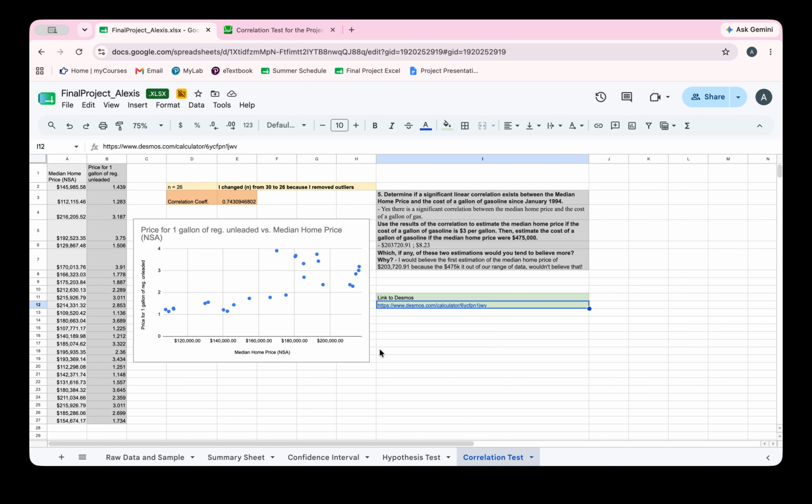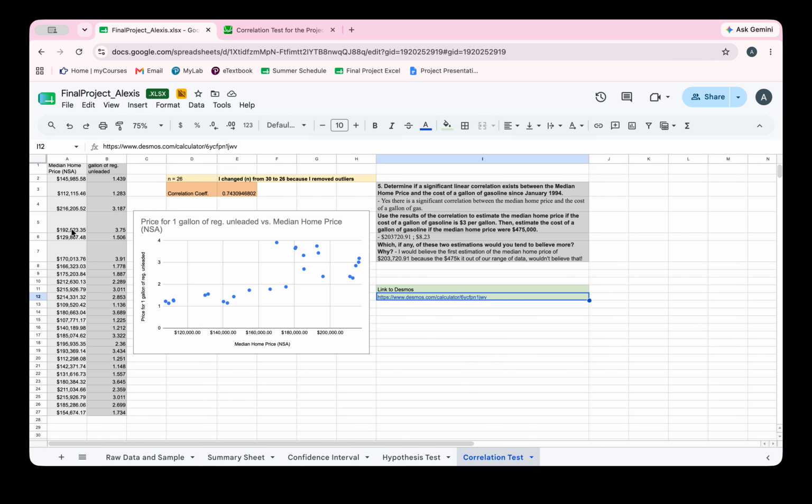The correlation sheet, last sheet here, I'm answering the last couple questions. So it's determine if a significant linear correlation exists between the median home price and the cost of a gallon of gasoline since January 1994. And I answered yes, there is a significant correlation between the median home price and the cost of a gallon of gas.